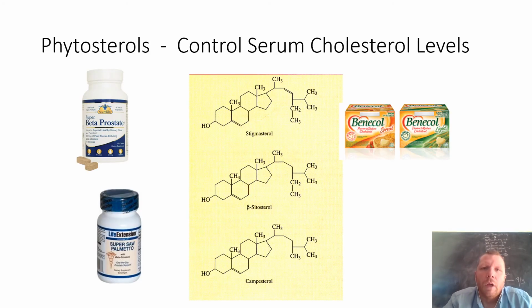Phytosterols are examples of plant steroids, because plants do not have cholesterol. However, they do synthesize sterols. Stigmasterol, beta-sitosterol, and campesterol are all examples of plant steroids. We can use them as regulators of cholesterol levels in humans.